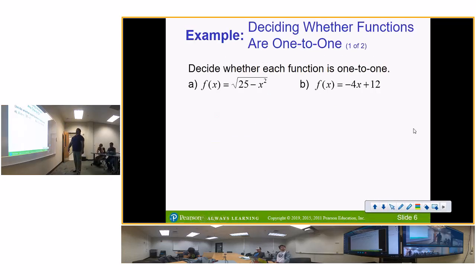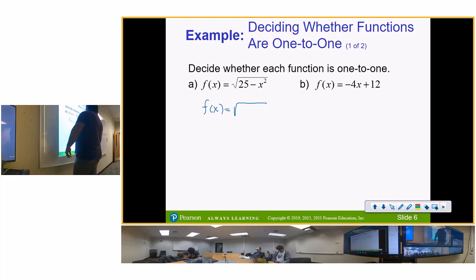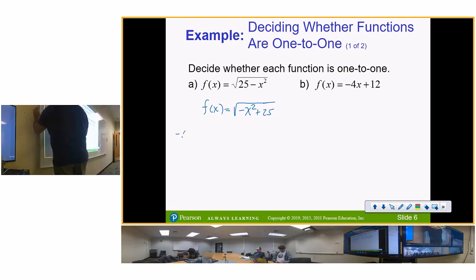So, let's turn this around because you never write it like this. So f of x is equal to the square root of negative x squared plus 25. You would graph that. You know it's a square root function. The negative x squared plus 25 is equal to what? 0.